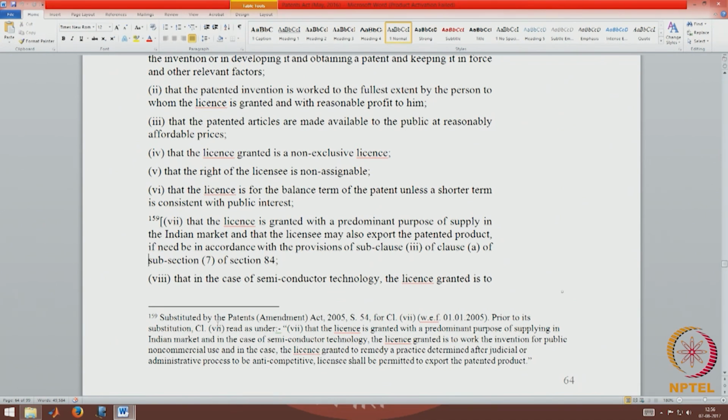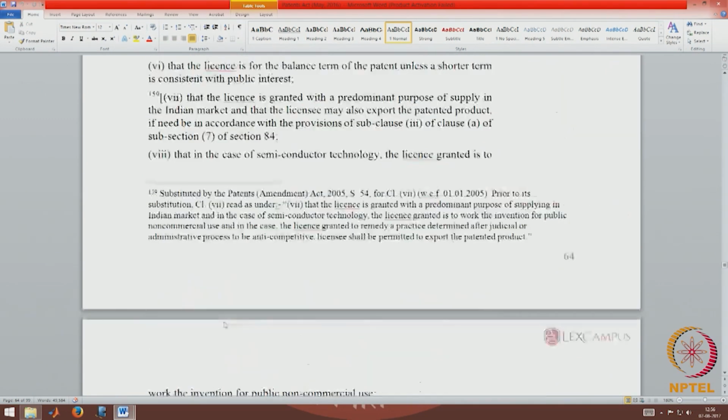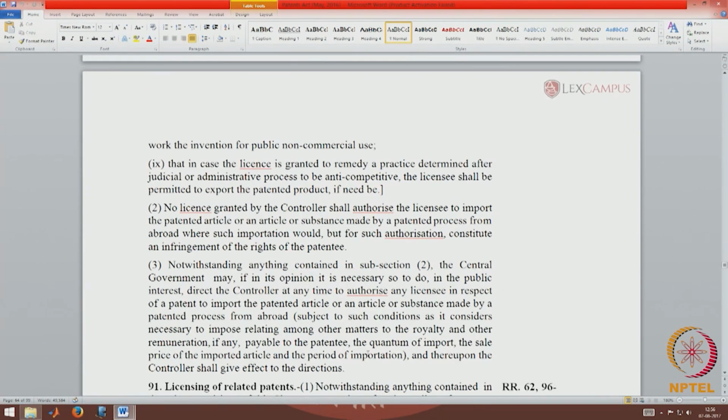That could be one of the grounds for determining reasonable requirements of the public have not been met. So, in granting a license, it is predominantly for the Indian market, but there could also be conditions of export that are considered.